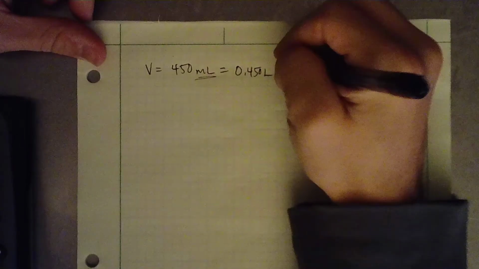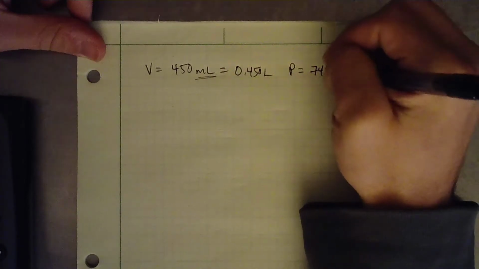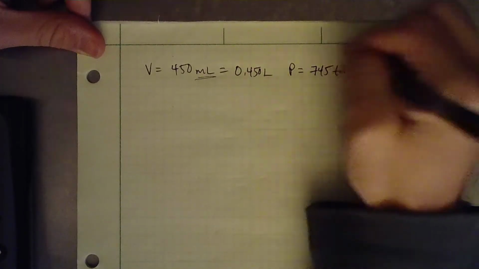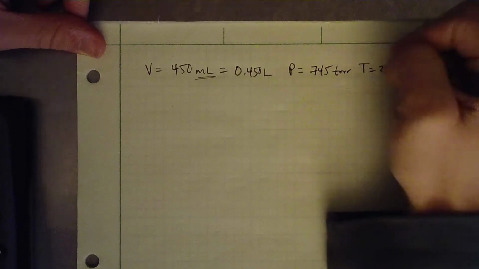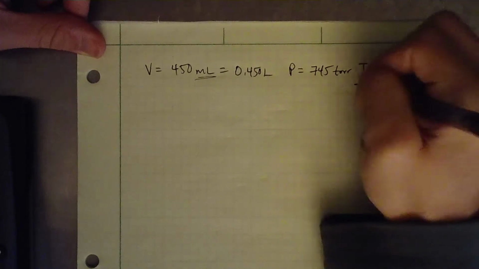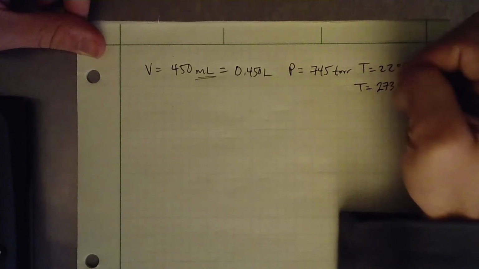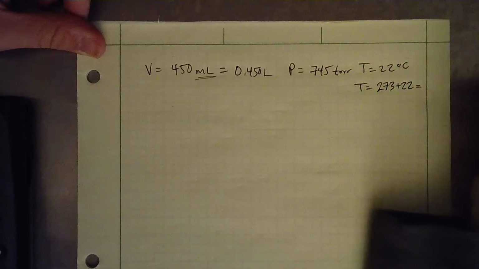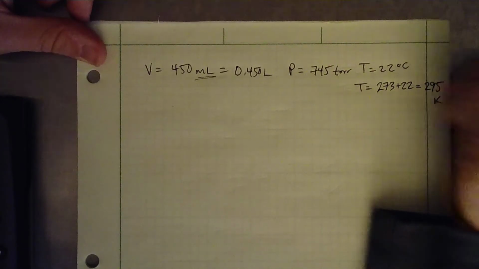My pressure is 745 torr. Remember, that's the same as millimeters of mercury. And my temperature is 22 degrees Celsius. I'm going to convert that to Kelvin, so 273 plus that value. This is going to be 295 Kelvin.